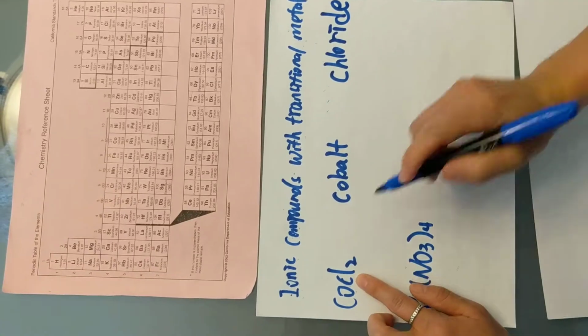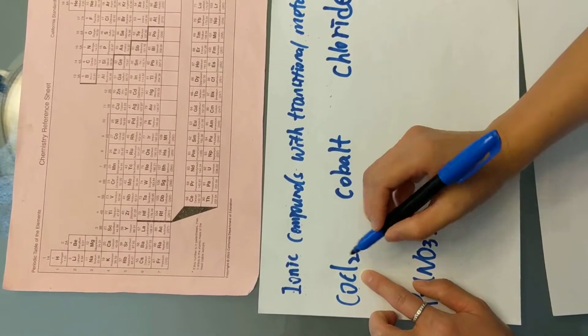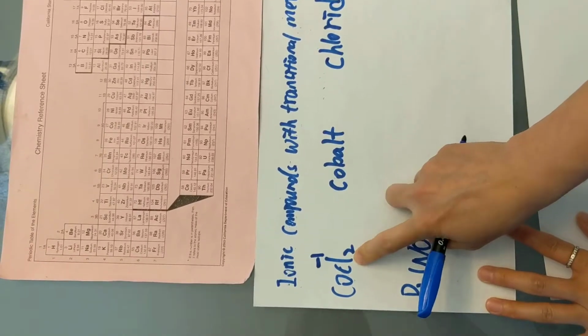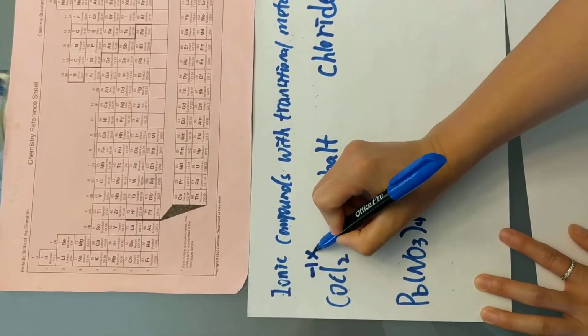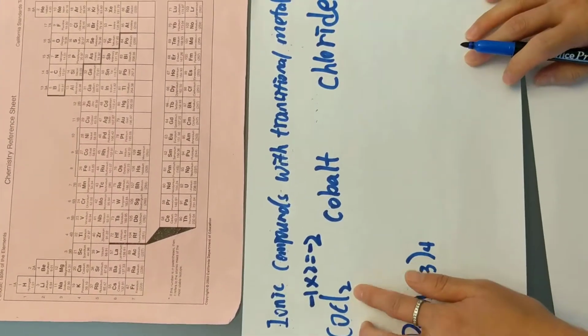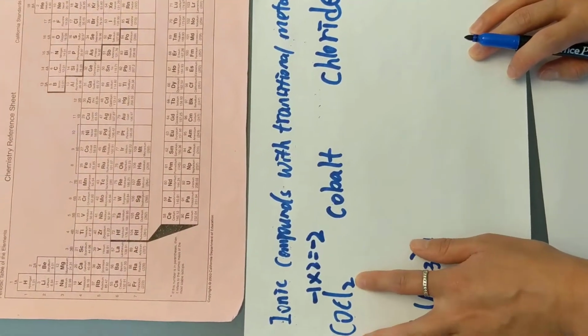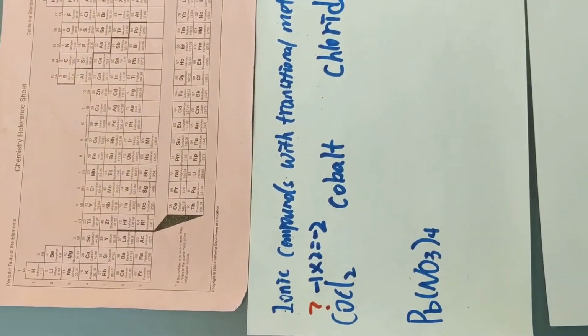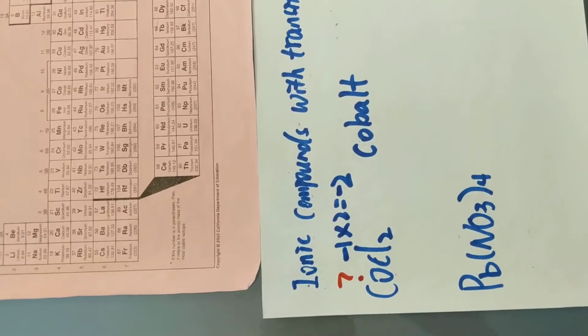Here, we know Cl, chlorine, has a negative 1 charge. How many chlorine here? We have 2. So we should make these ionic compounds balanced. We don't know the charge of cobalt.